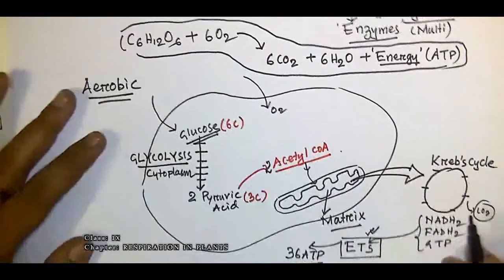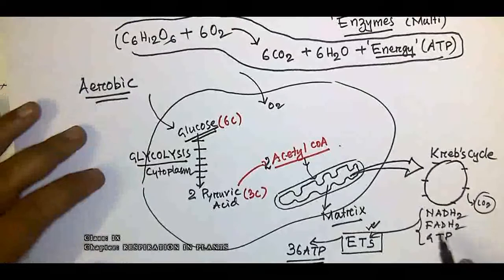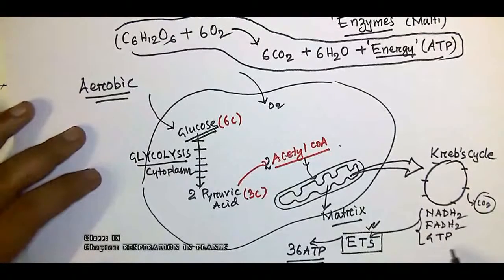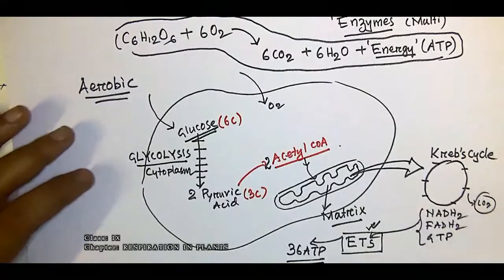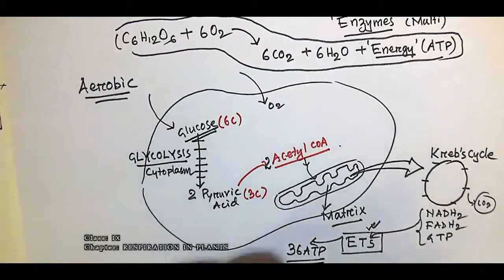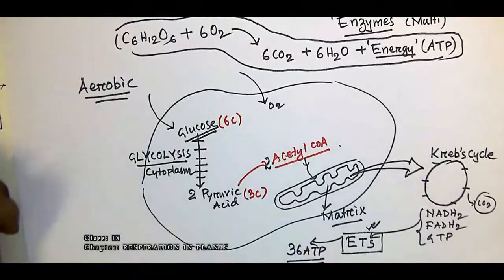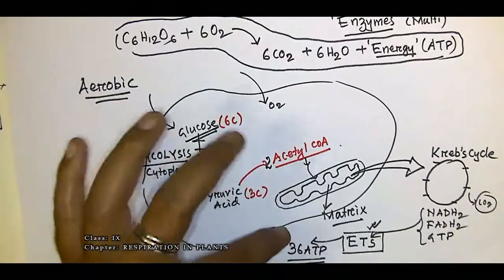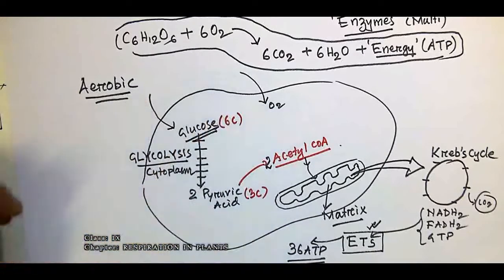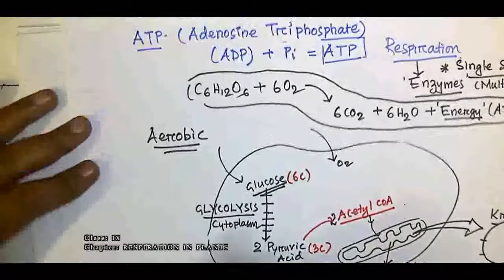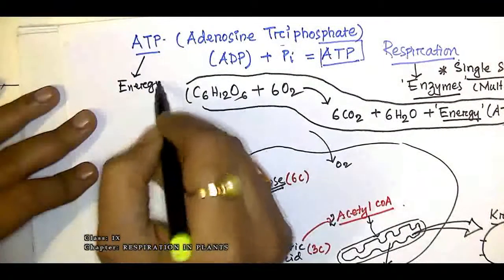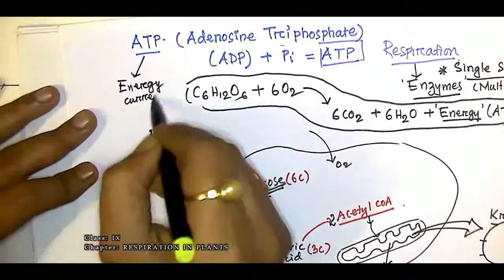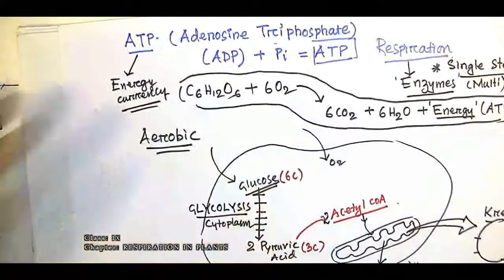They are going to produce some reduced coenzymes as well as GTP, which eventually can be utilized in the process called the electron transport system to give us a very important molecule of the cell. In fact, we call it the energy currency of the cell. What do we call it? ATP is commonly referred to as what? The energy currency of the cell, right?